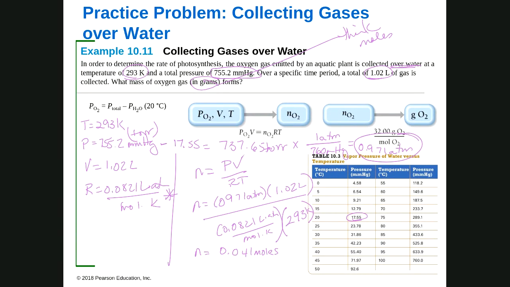Now, since I know that this is oxygen, and oxygen is in the form of O2, times 32 grams of O2 in 1 mole. And so grams is going to be equal to 1.32.